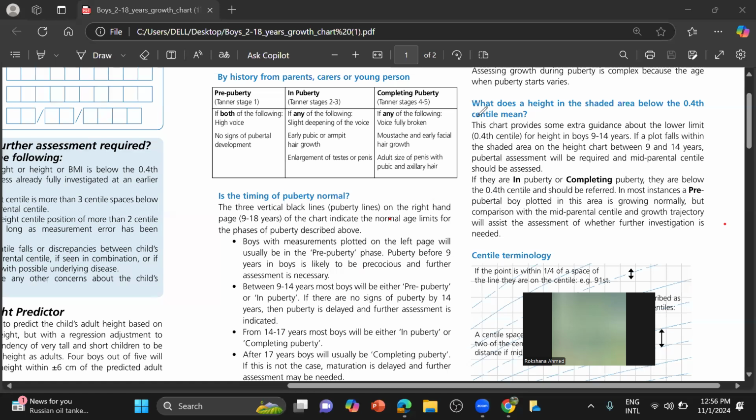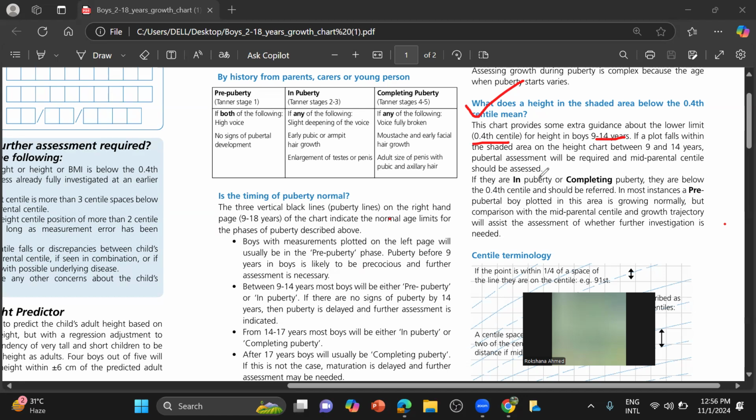Whenever the child is on the 0.4 centile between 9 and 14 years, we have to examine the child. If he is a prepubertal boy, meaning no signs of puberty yet, and is plotted in this area but growing normally, then comparison with the mid-parental height and growth trajectory will decide whether further assessment is needed.